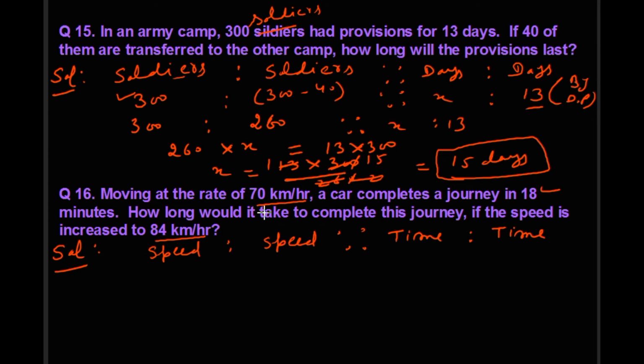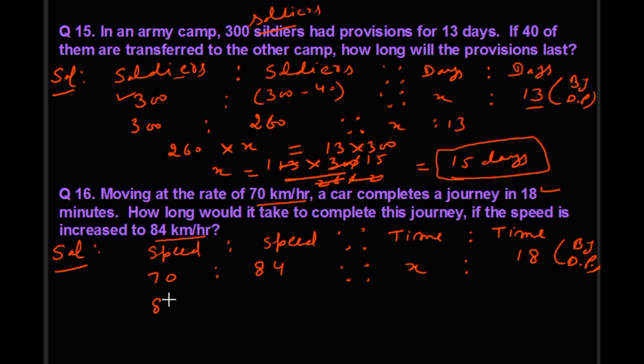What you have to do is take the speed. So speed here is 70. Now it has become 84. Time here we have to find, and here it was 18 minutes. Right? Again here we will write by direct proportion.